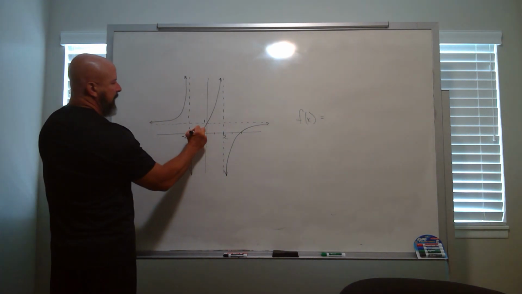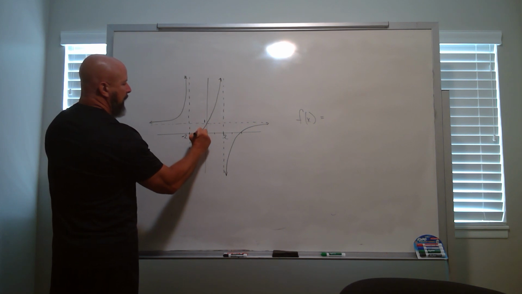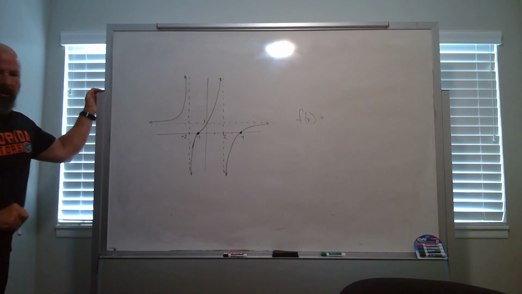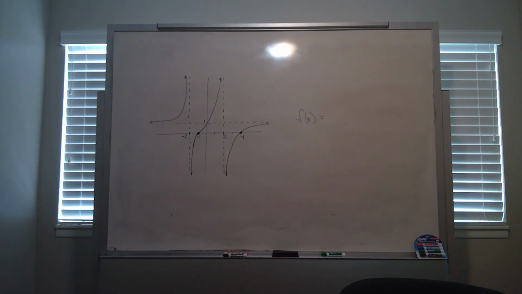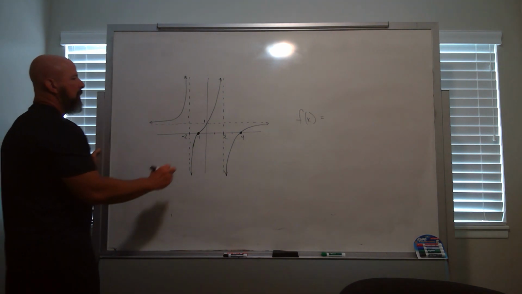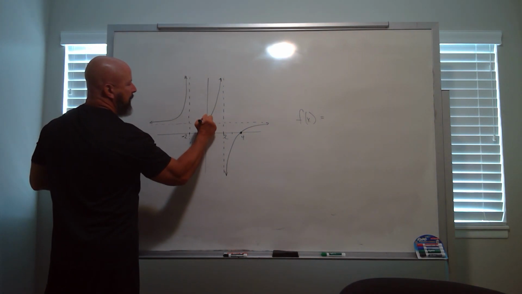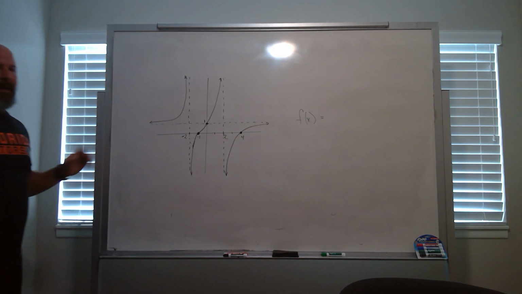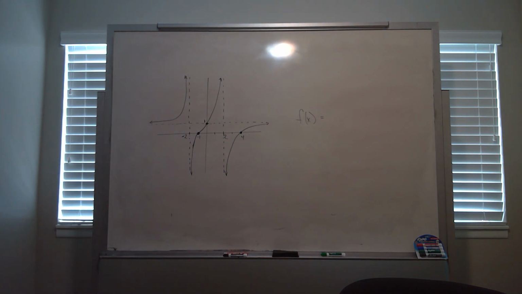I've got an x-intercept right here at -1, and I've got an x-intercept over there at 4. And last part, y-intercept here at 1. It's also where that horizontal asymptote was. All right, now let's see how we can build the equation from this.